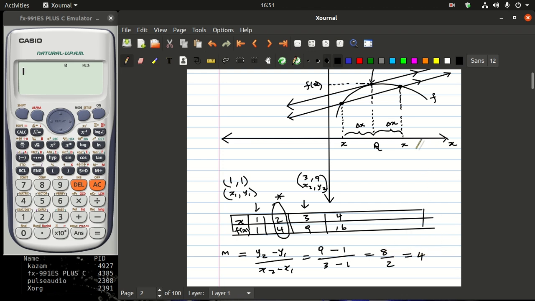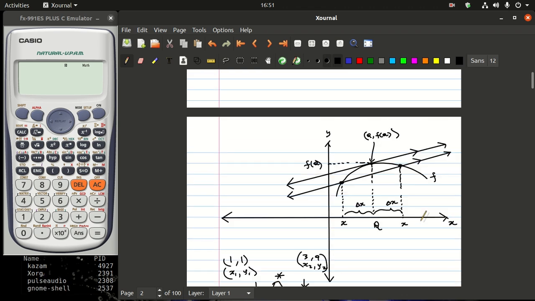So the slope of the line that is passing through this point is going to be 8 over 2, which is equal to 4. Right. So the slope of this is just going to be a 4. Now, we have the slope of this line, which is equal to that.